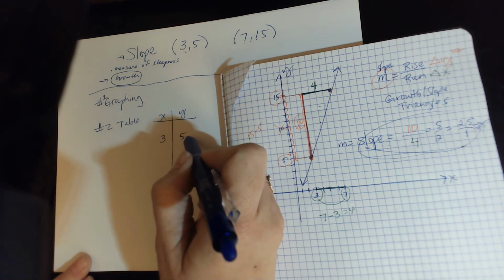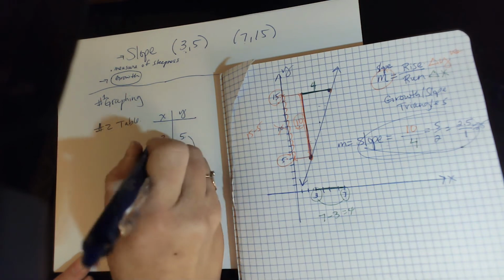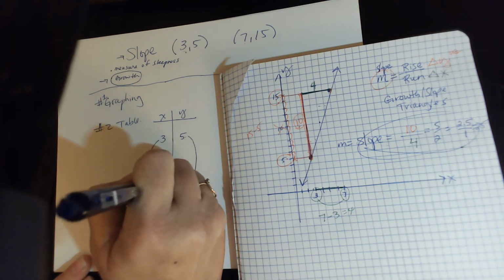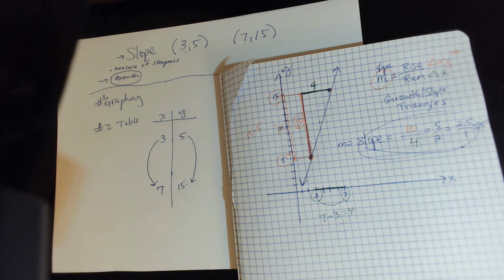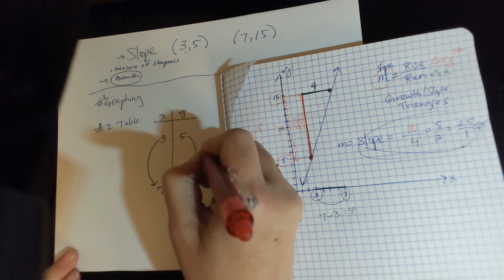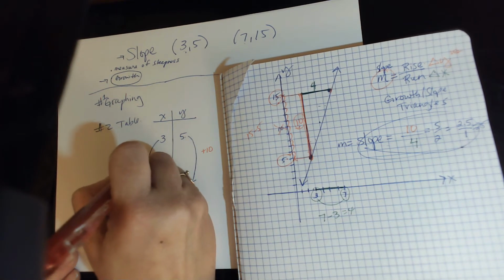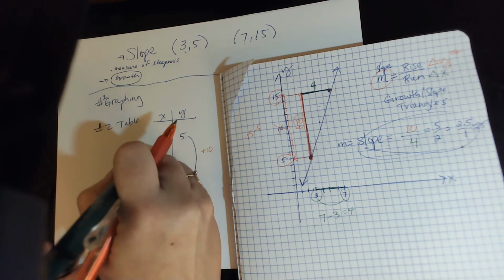So again, I'm looking at the change in the Y's and the change in the X's. So quite simply, what I can do is think, all right, well, from 5 to 15, I'm going to add 10. And from 3 to 7, I'm going to add 4. Ooh, let me do green because that's what I did in the last one.